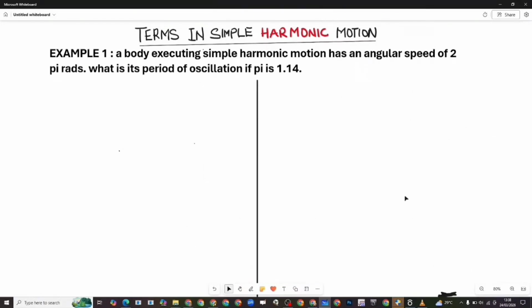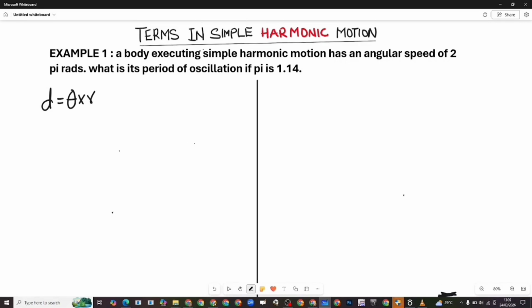Question number 1 says, a body executing a simple harmonic motion has an angular speed. I said there are 4 things we need to know when it comes to simple harmonic motion. Let's start with the linear displacement. Number 1, the linear displacement is equal to the angular displacement times r.